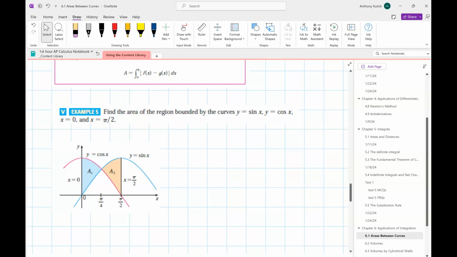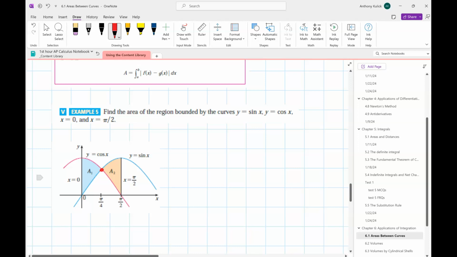We want to find the area of the region bounded by the curves y equals sine x and y equals cosine x on the interval from 0 to pi over 2. We have a picture here. We can see that the intersection of the two curves is at pi over 4. Should you know that without a calculator?